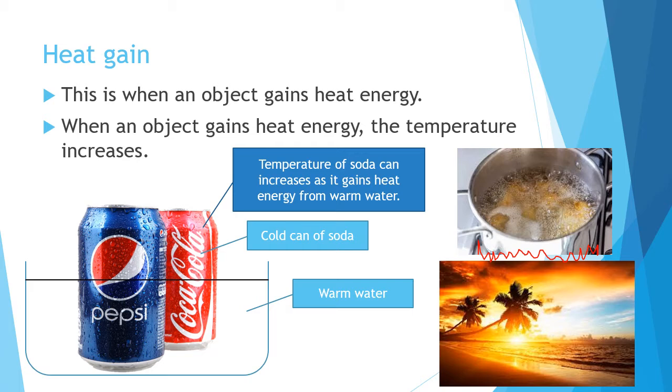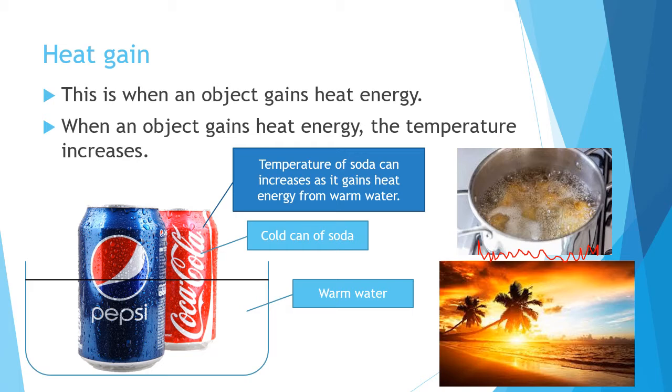That's another example of heat gain when cooking. Another example is the sun. When the sun is out, it gives heat energy. The heat energy warms the surroundings of the earth. That means there is heat gain from the sun to the earth.